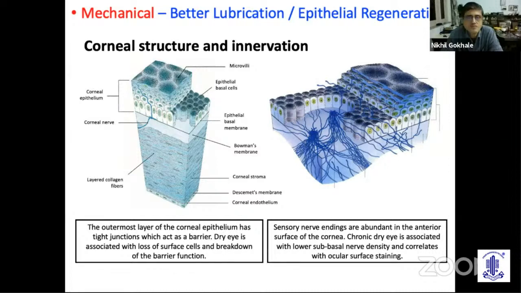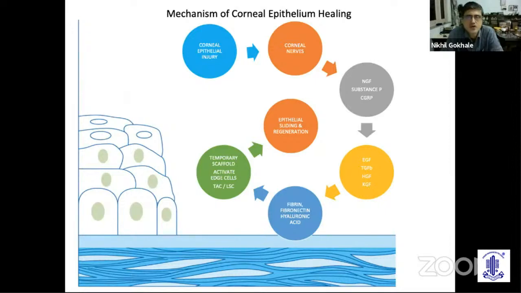So what does really happen when there is a corneal epithelial breakdown in a given eye? Whenever there is a corneal epithelial injury, it probably gives an afferent impulse in the corneal nerves, which then releases certain factors such as nerve growth factor, substance P, and calcitonin gene-related peptides.